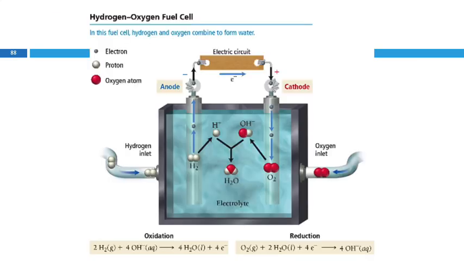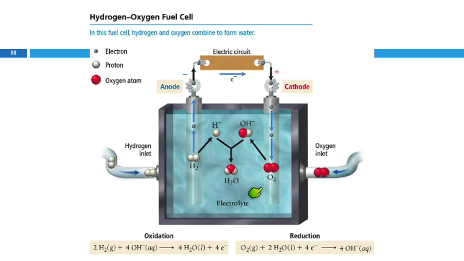Here's an illustration of that. So we've got hydrogen gas, which is being oxidized, because I'm saying losing electrons. Oxidation is losing electrons, because I have to say that every single time.